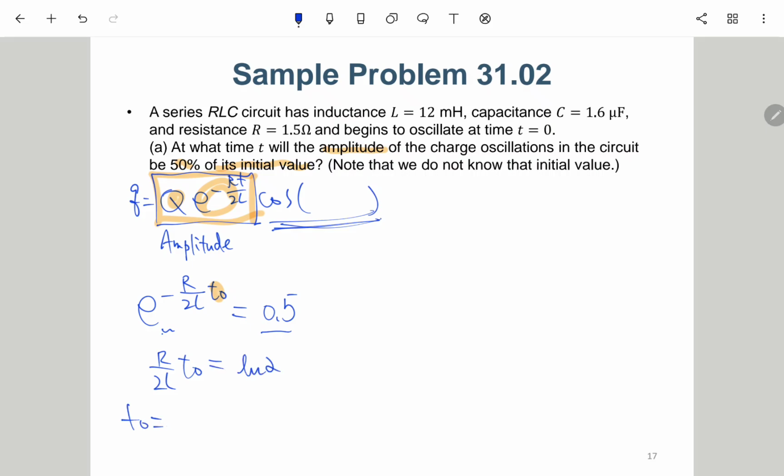So T0 is 2L over R natural log of 2. So we can substitute the values: 2 times 12 milli over R is 1.5, and the natural log of 2.